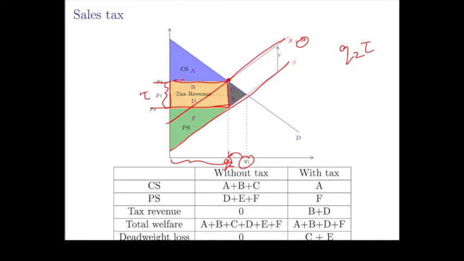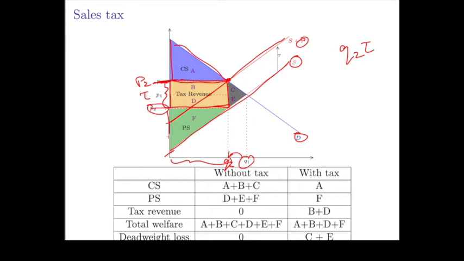The consumer surplus after the imposition of this tax is just this area A. It's the area below the demand curve, above the price P2 that the consumers pay. The producer surplus is the area above the supply curve but below the price that the suppliers receive, which is P2 minus tau.